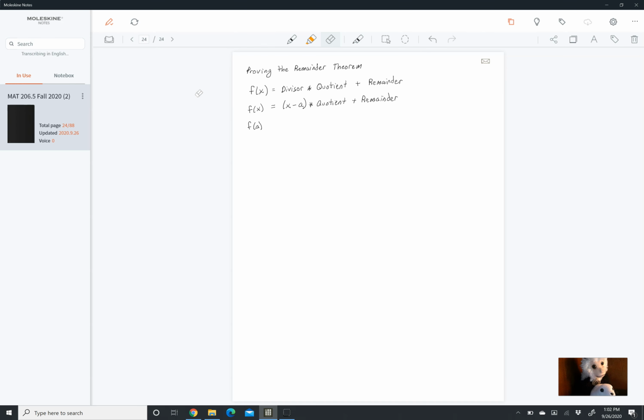That means we're replacing every x with an a. Now we don't know what our quotient is, so we can't replace. And the same thing is true of the remainder. We don't know what the remainder is. But here's the thing. A minus a, which is what we see here, is just 0. So we have 0 times the quotient plus the remainder.